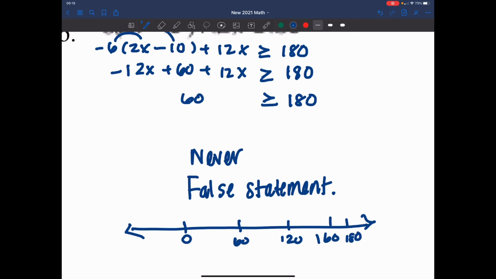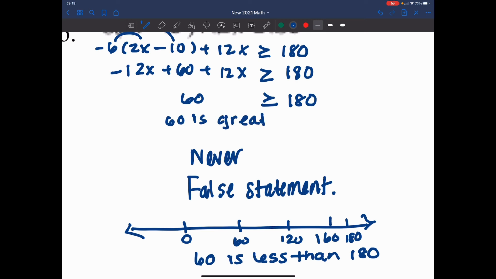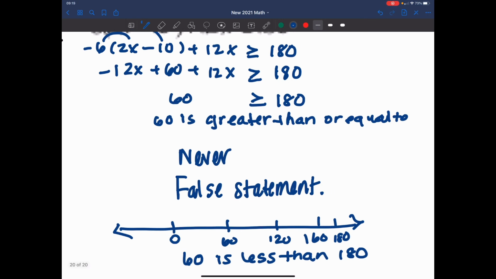So if I look at 60 and 180, I have to say 60 is less than 180. And then if I write this out, 60 is greater than or equal to 180.